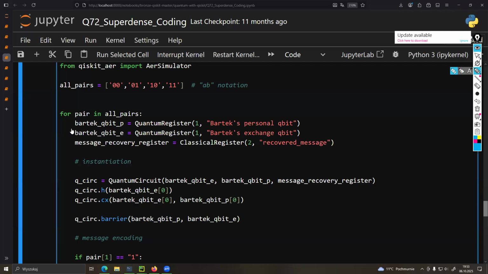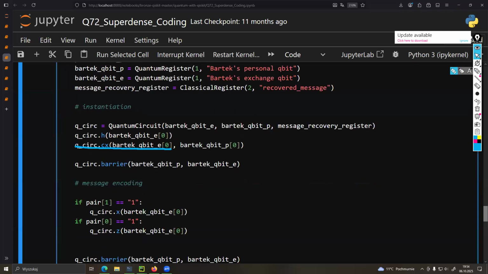I have my bit that I would like to keep for myself, because this will be the entangled bit that I will use later on to decode. And then I have an exchange bit that I send someone, right? I have a message recovery register. This is a classical register. It will store the results of measurements when I get my qubits back. What do I do? I perform a Bell state.